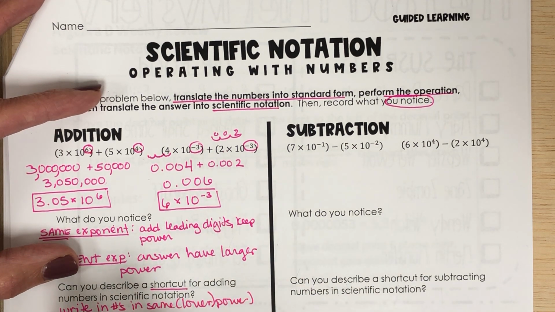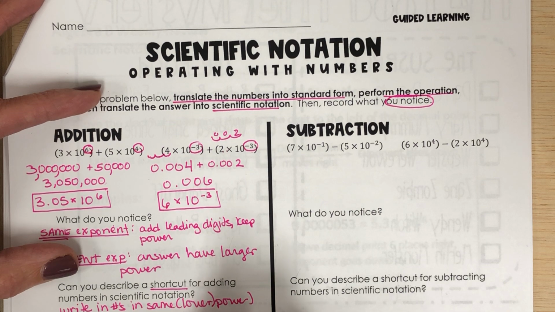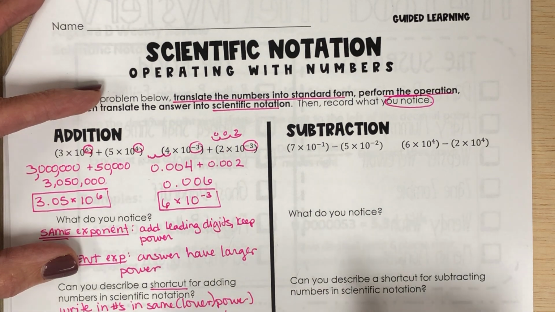And then we can add them and keep the common power, the common exponent. And we might have to adjust if we need to.